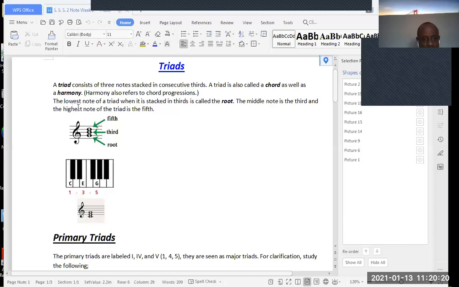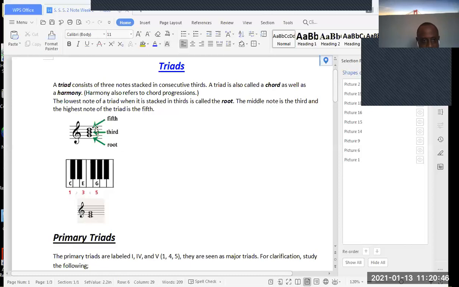Then the lowest note of a triad, when it is stacked in thirds, is called the root. This lowest one, this first one, is called the root. Then we have the third, and we have the fifth. The middle note is the third, and the highest note of the triad is the fifth.